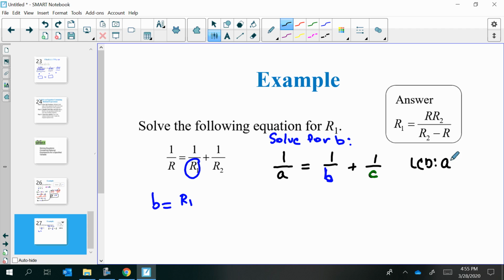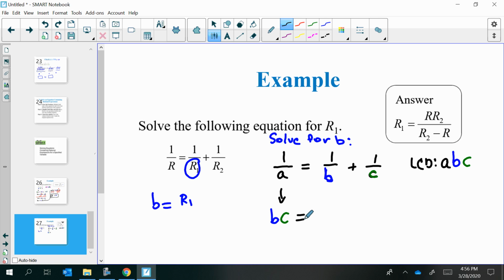So the LCD is going to be A, B, C, and then for the first fraction, the A is going to cancel out, so B and C will be left over, and it's times 1, so I don't need to write the 1.